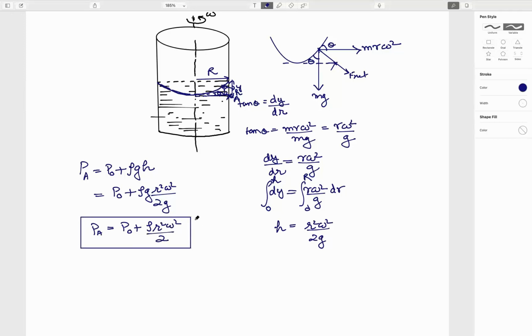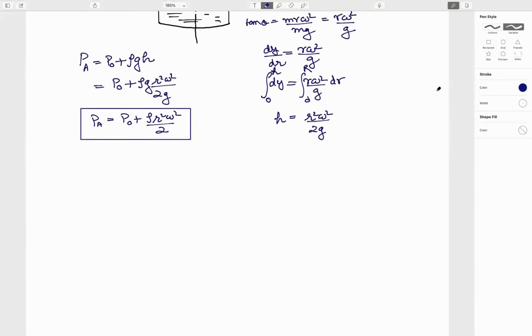So in JEE one question came, and I will be discussing that question next. The question is: a long cylindrical vessel is half filled with a liquid.